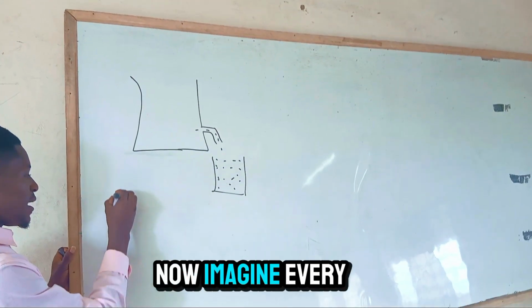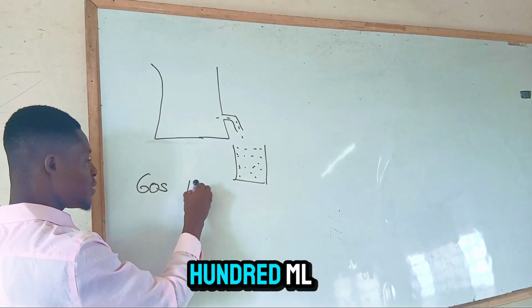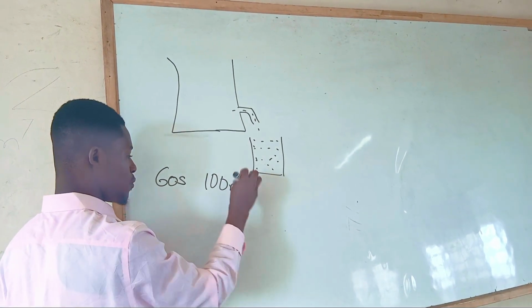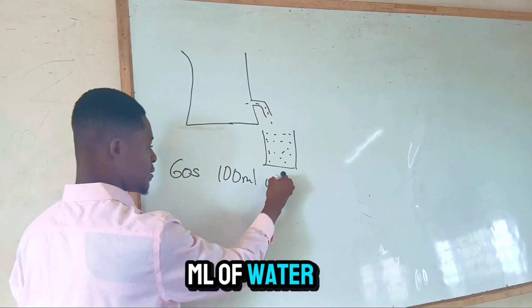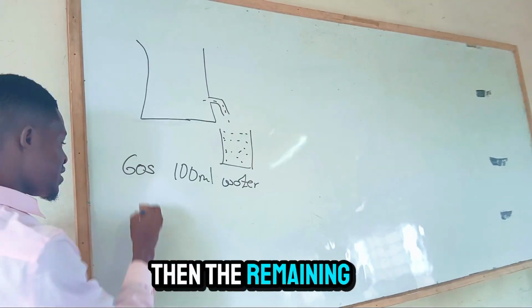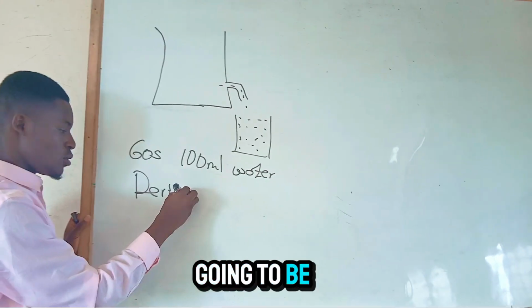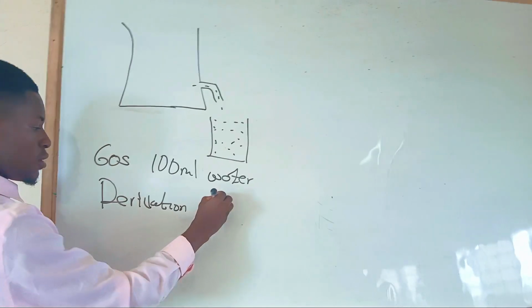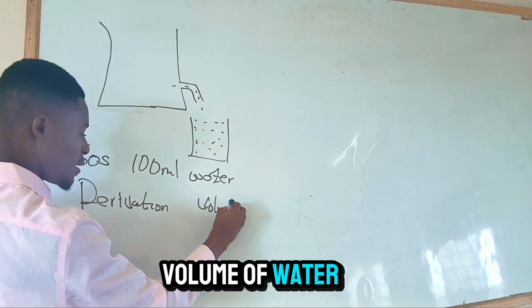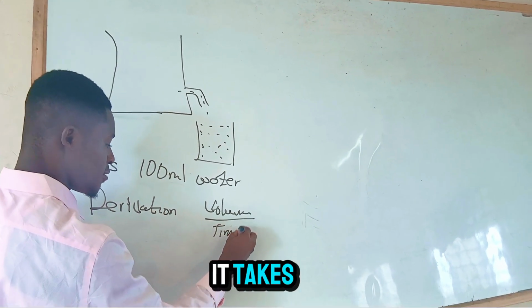Now, imagine every 60 seconds, 100 ml of water is drained from this to that. Then derivative is going to be the volume of water over the time it takes.